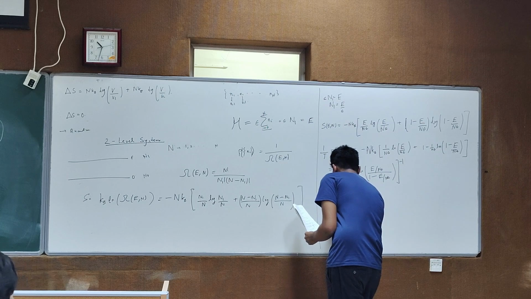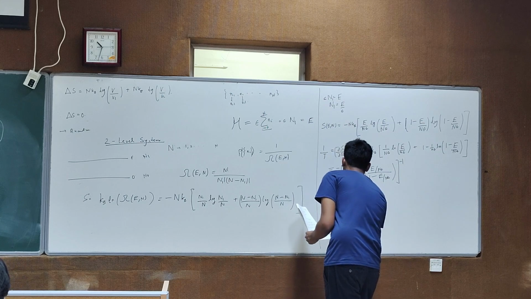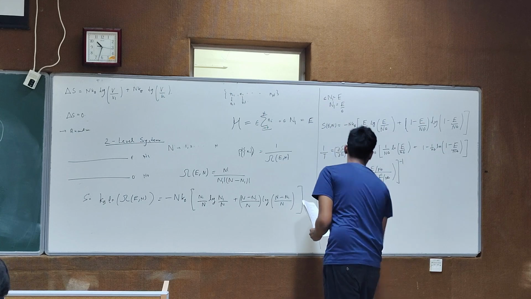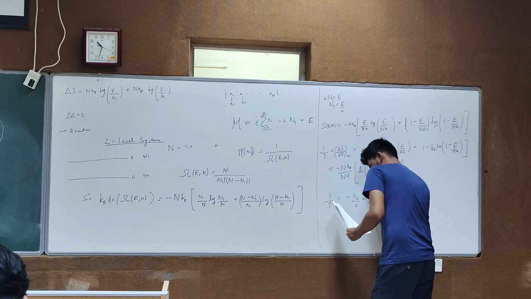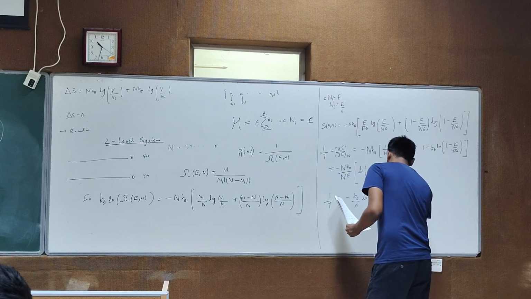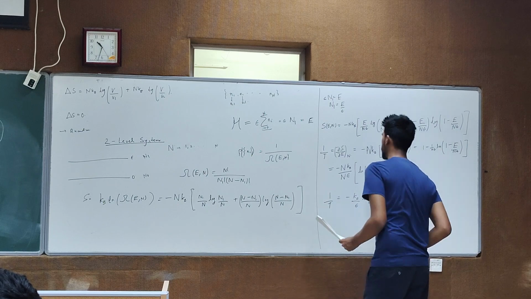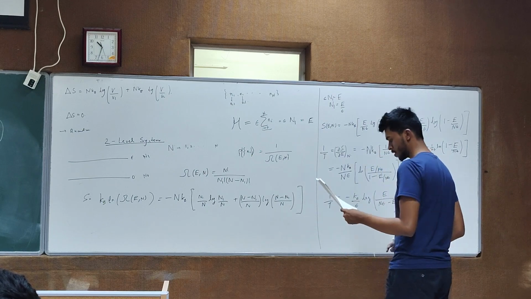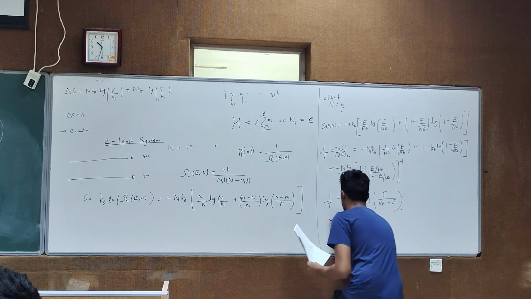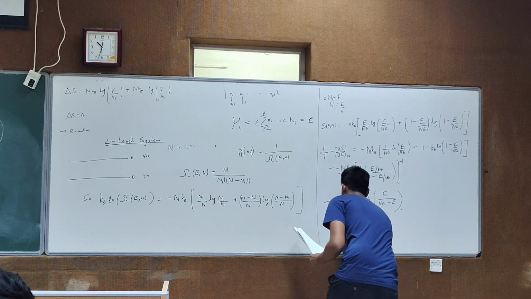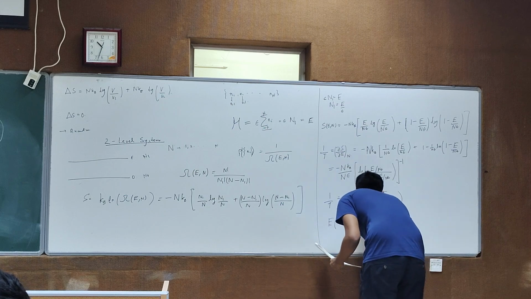So finally you get 1 by T as minus Kb by epsilon and log of E by (N epsilon) and so on. And if you invert this, you get E as a function of temperature.